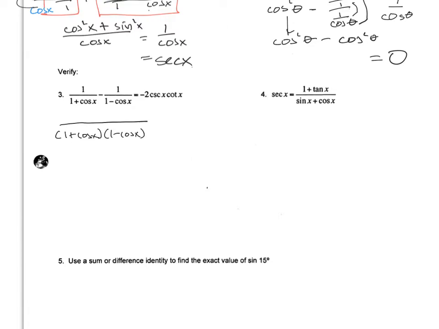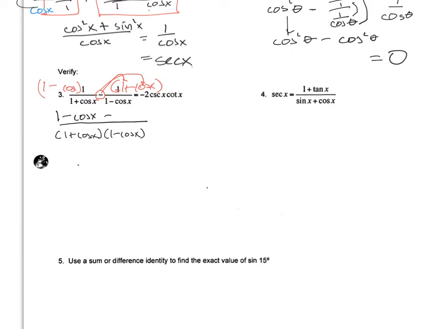So this first fraction is missing 1 minus cosine times 1. That'll be easy. And this fraction is missing 1 plus cosine. We multiply that by. We have to be careful because there's a minus sign right here, so we're going to distribute that negative sign. Be careful with the minus signs. So this first part is 1 minus cosine x. Now we distribute the negative.